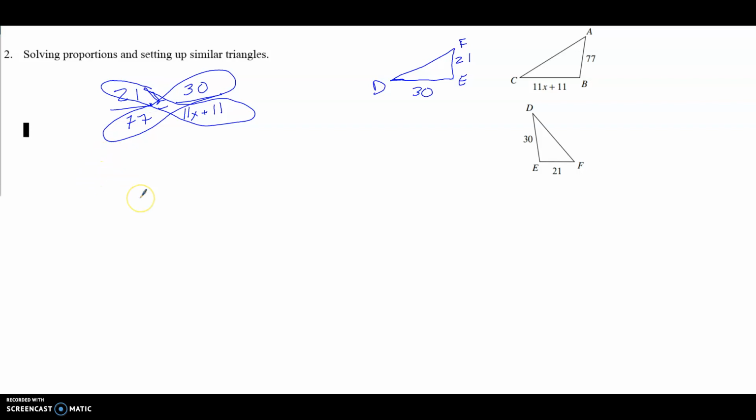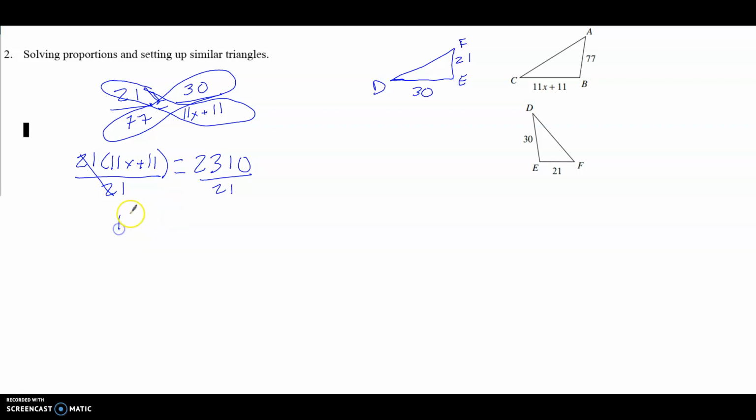All right, so we have 21 times 11x plus 11 equals 30 times 77, which is 2310. Now here I can distribute the 21, but I'm going to do something that most of you should be familiar with. I'm going to divide by 21. That's actually going to save me an extra step in the calculations.